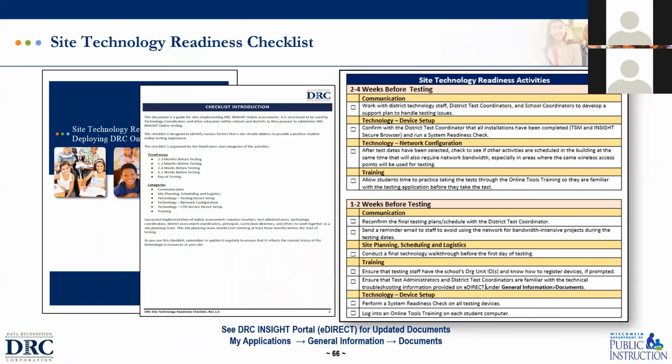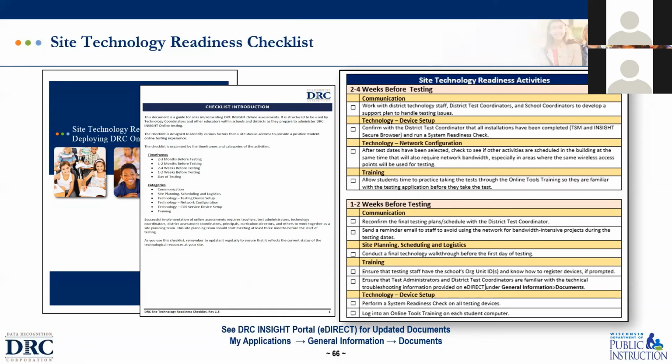The site technology readiness checklist, we really recommend you take a look at that, even if you've been successfully testing at your site for the last several years, and it's also really good for new DTCs to reference.